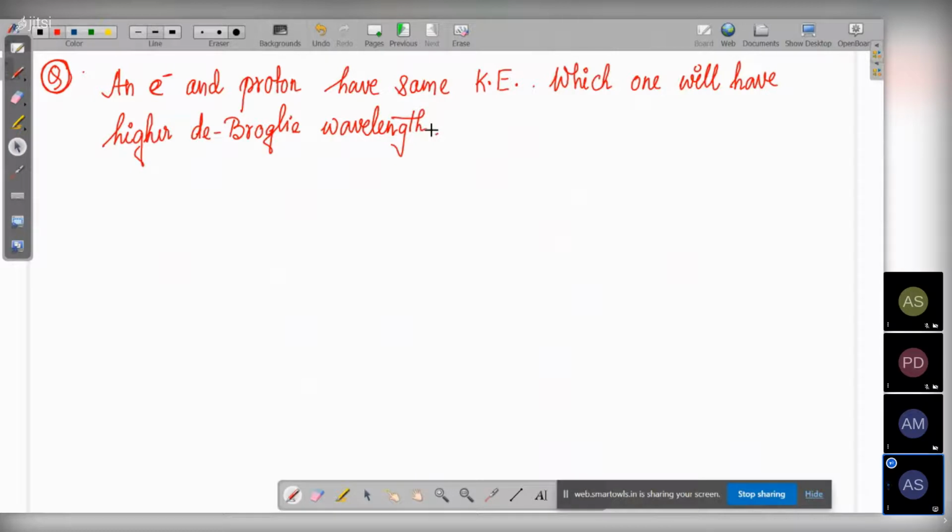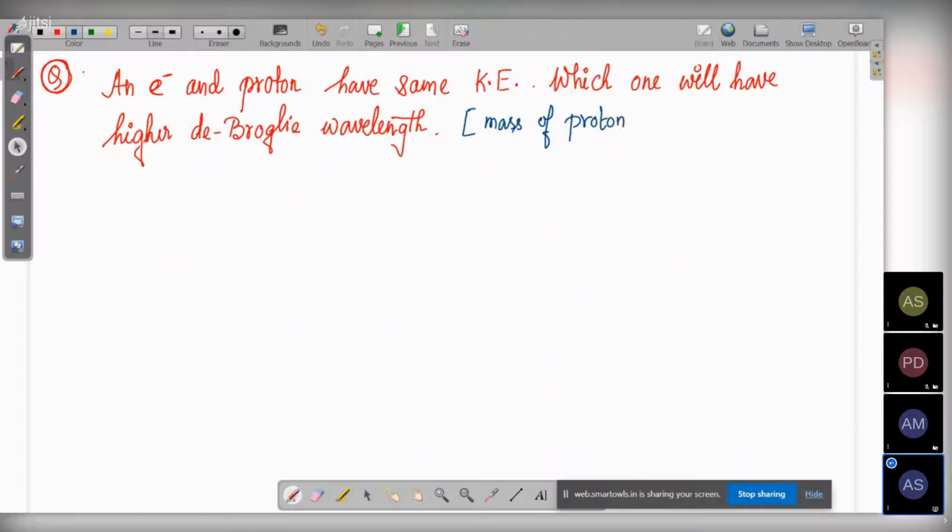When electron and proton have the same kinetic energy, which one is going to have a higher wavelength? Let me give you one piece of information, which generally will not be told if the question comes.